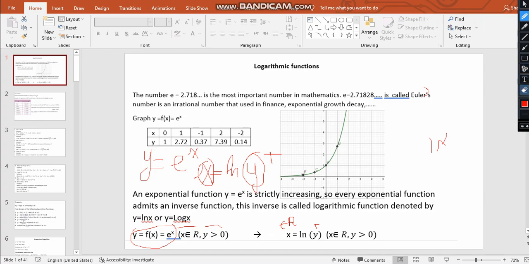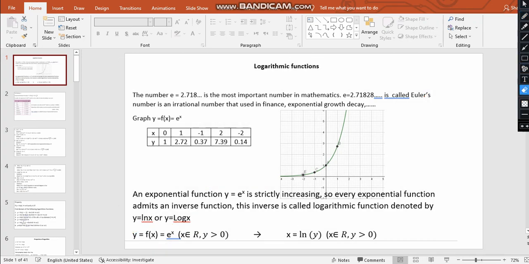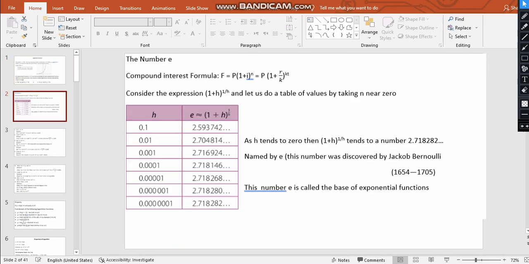So this is concerning the logarithm. In the second slide, we can see that this is finance, banking. It's compound interest. As you shorten the time of the interest period, you're going to get the number e, 2.718282.